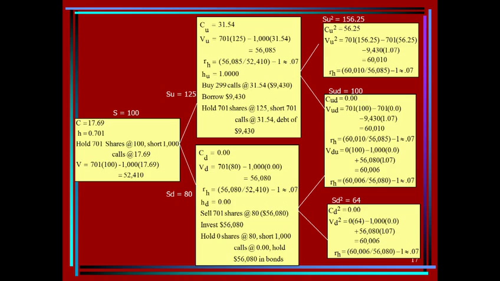There's a logical process to think through this. It's deep out of the money, so it's not going to be exercised on you, so you don't need to hold your shares.